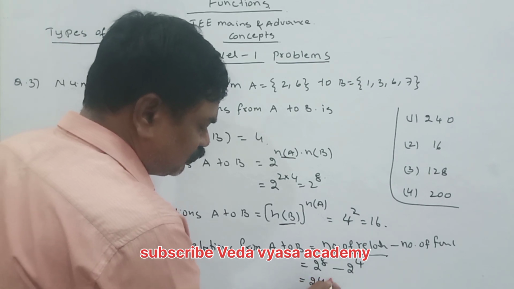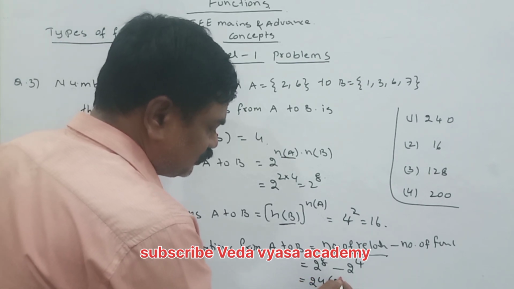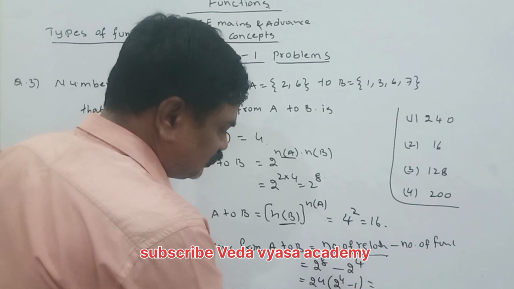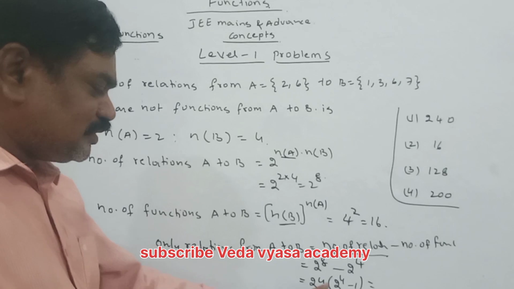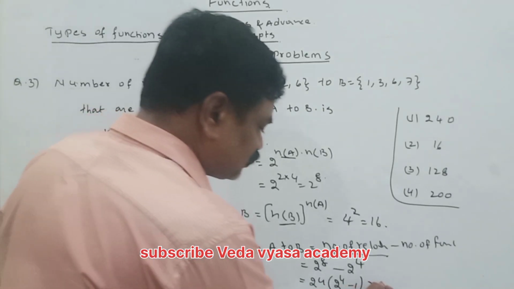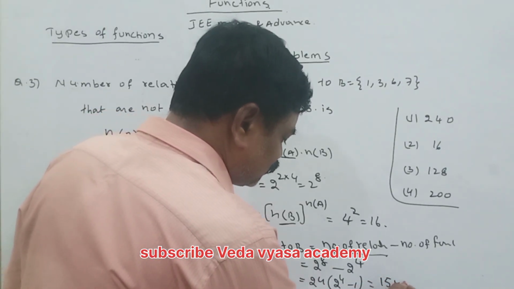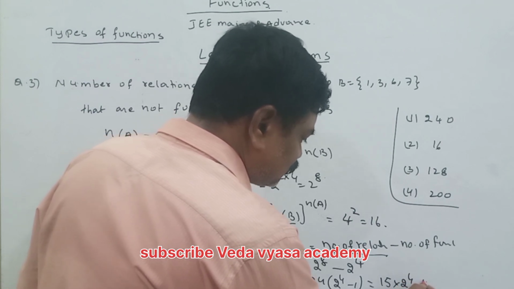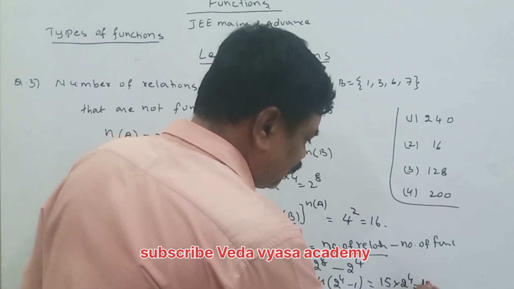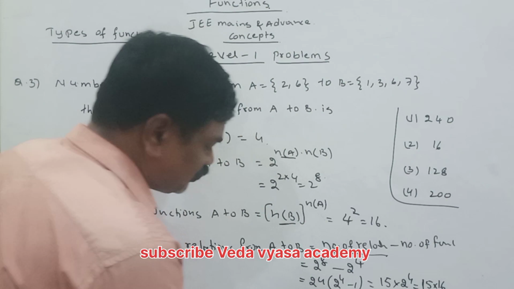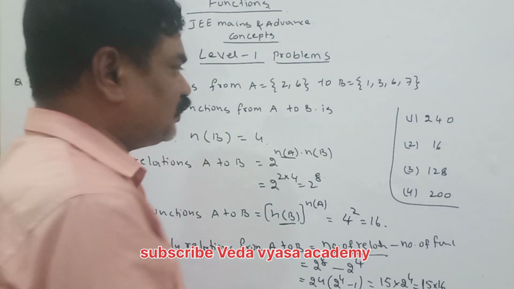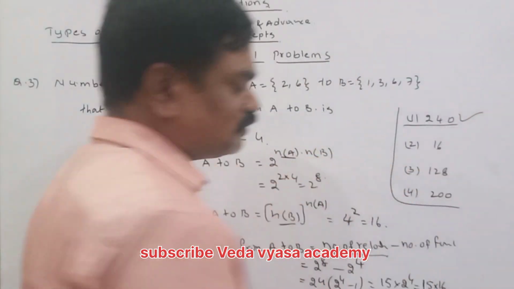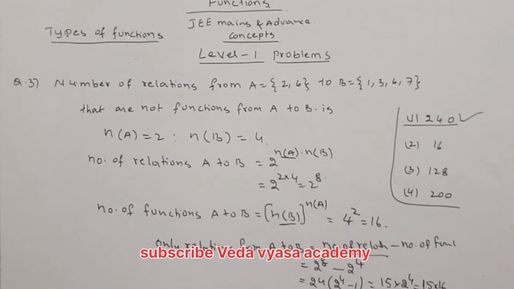Here 2 power 4 is common. So this is 2 power 4 times (2 power 4 minus 1). The value of 2 power 4 is 16, 16 minus 1 is 15. So 15 into 2 power 4, 15 into 16 is 240. So option 1 is the answer.